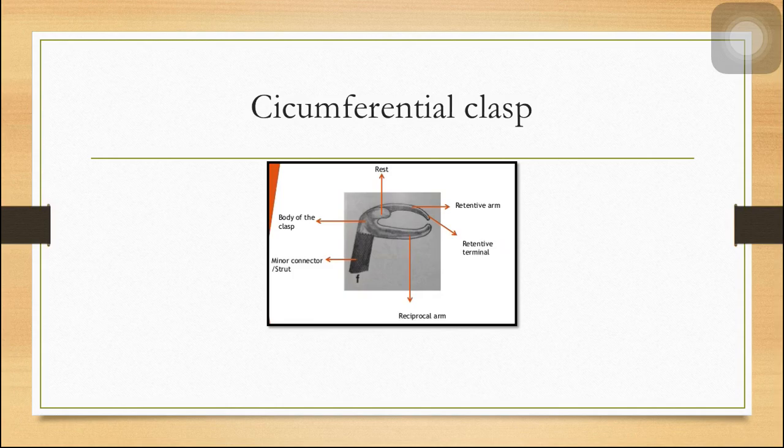We all know the basic principles of these parts. The rest gives support to the denture. The retentive arm gives retention, and the reciprocal arm reciprocates the deleterious forces that are applied during retentive arm function. We have been through that in the previous presentation as well.